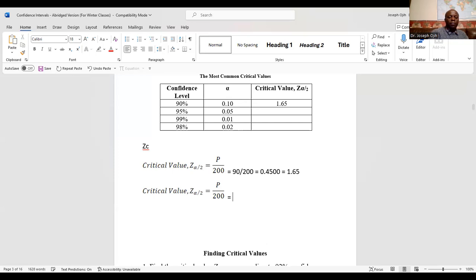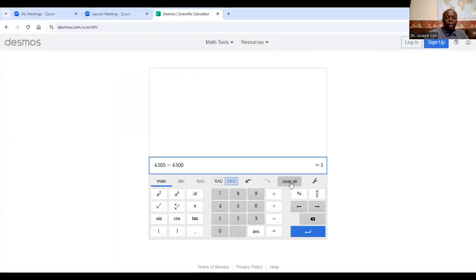So you have 95 over 200. On the calculator, 95 by 200 is 0.475.